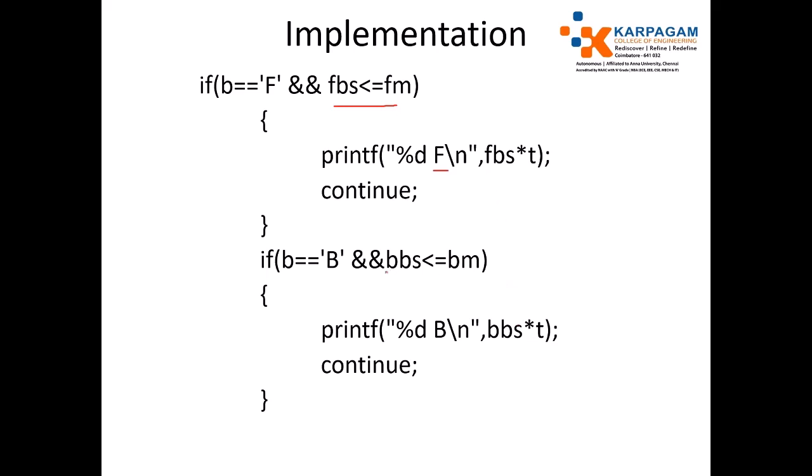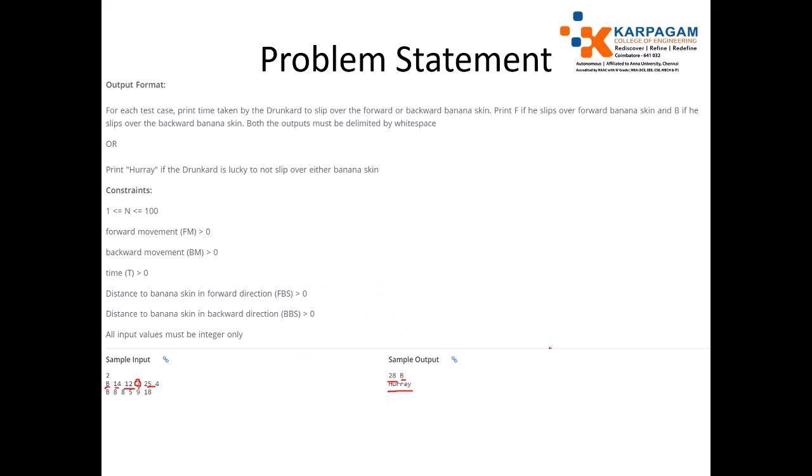You just check BBS less than or equal to BM. If it is so, just multiply BBS times T. This is the time taken to reach the destination in the backward direction.